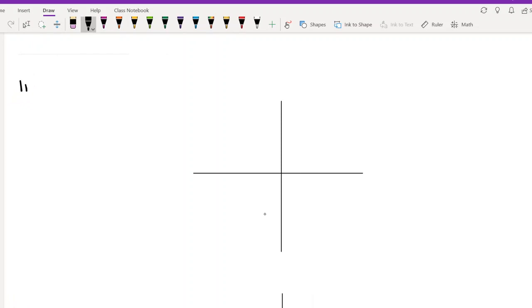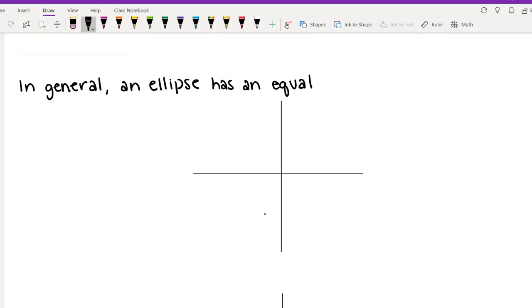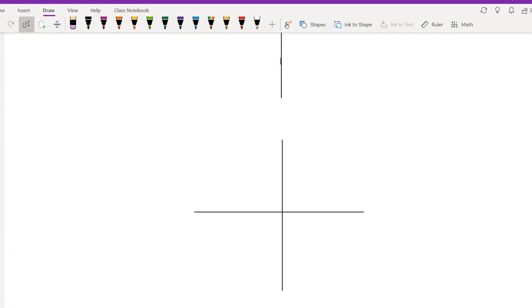So in general, an ellipse has an equation of the form, and I need to move these around a little bit.